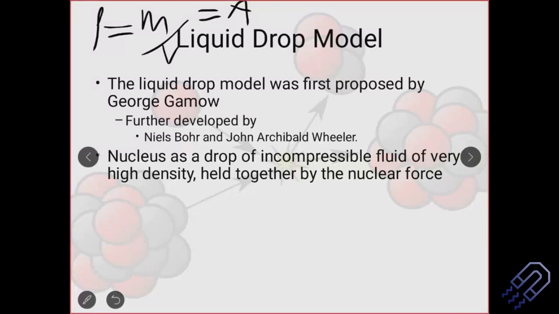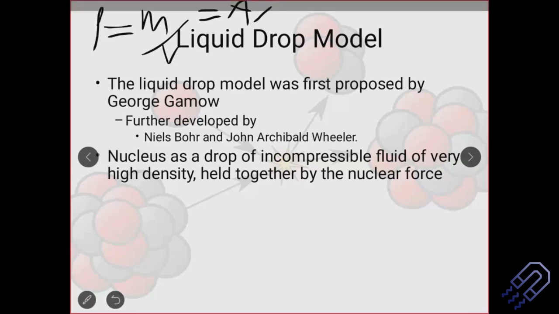The mass of the nucleus is the number of protons multiplied by the mass of a proton, plus the number of neutrons multiplied by the mass of a neutron. But proton and neutron masses are very close to each other, so we can assume they are the same. Taking the common mass, which is 1.67 into 10 to the power minus 27 kg, we get the number of neutrons plus the number of protons, which is nothing but A. So mass depends on A, and is A times that value.